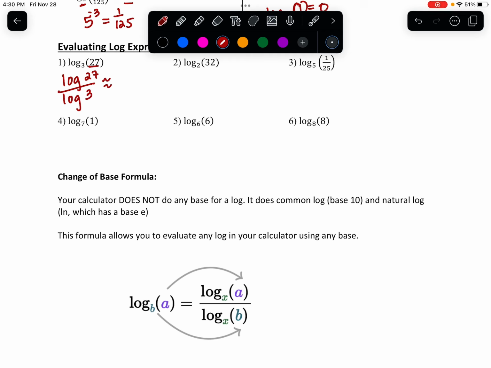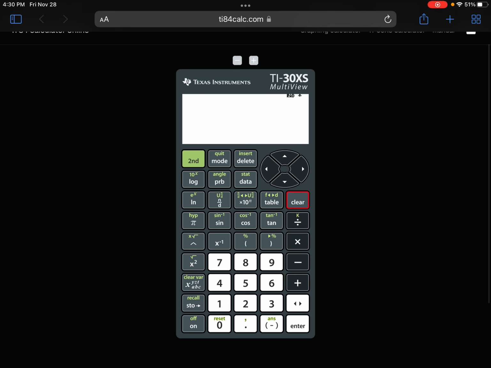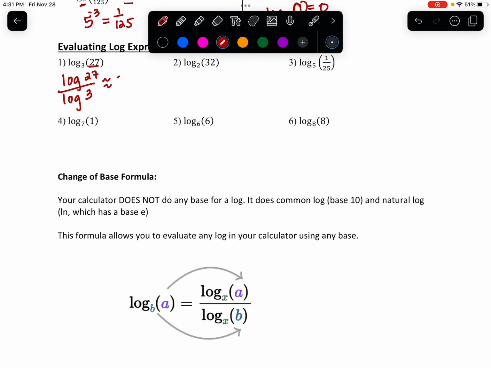We're going to figure out what that is. I put approximately, but I actually think it's an exact number. So I go into my calculator, I go log 27, and I could use ln, right? I'll show you that you can, and it'll be the same thing, divided by log base 3. And what do you get? 3. And that's my answer. See, that was easy peasy.